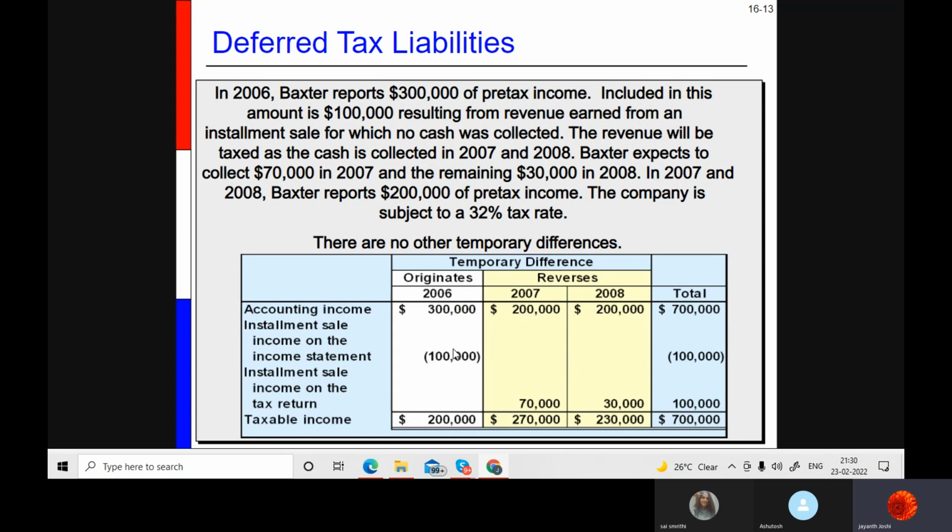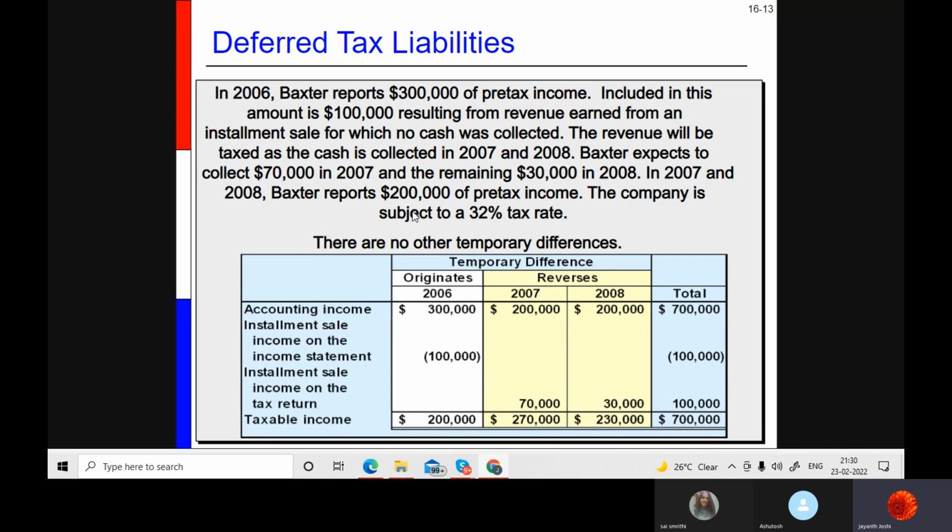So that cannot be shown in the tax returns when you prepare it, but you can show it in the books of accounts or accounting profits when you prepare the financial reports. The revenue will be taxed as the cash is collected in 2007-8 in case of income tax returns. That means when you receive these 2 installments in the future, then that will be taxed.